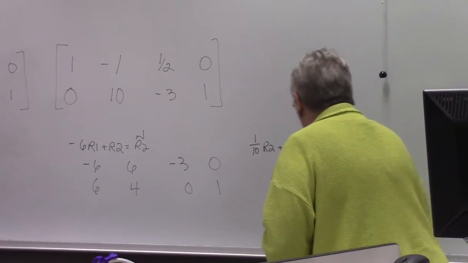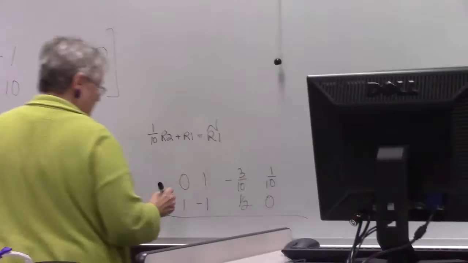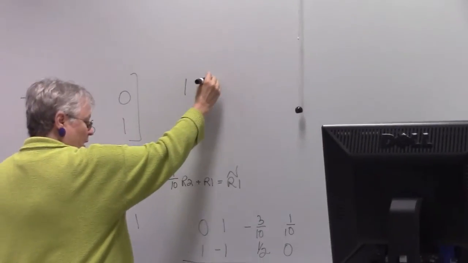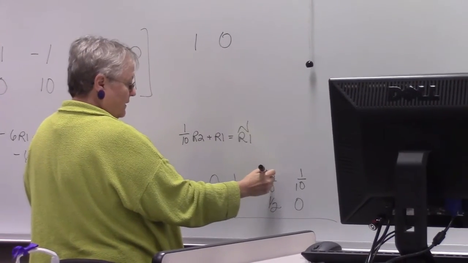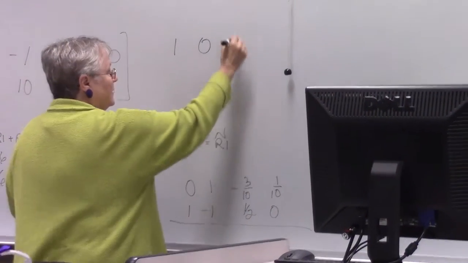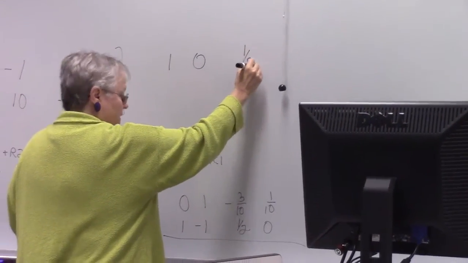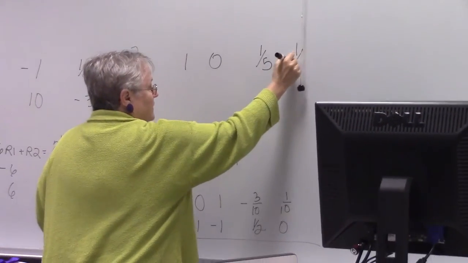I'm going to get a new row 1: 1, 0, -3/10 plus 5/10 is 2/10, 1/5, and a 1/10.